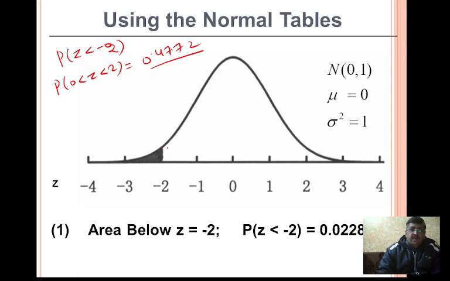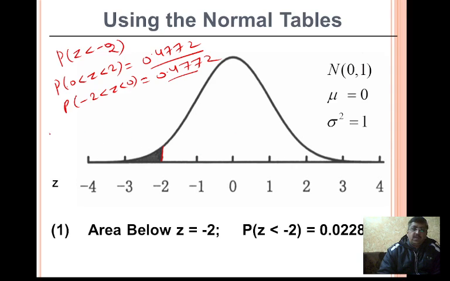Now we have to apply our logic. The logic is that 0 to z to 2 or -2 to z to 0 are the same. Why? Because it has symmetry. You understand this? Next, we are not interested in this value.